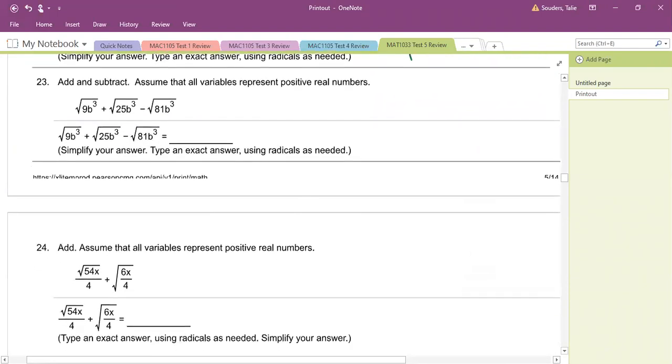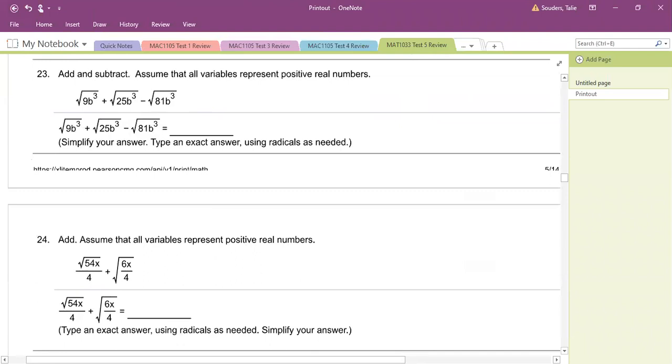Okay, what about number 23? There's actually a lot that can be simplified there. So what is the square root of 9? 3. 3, good.